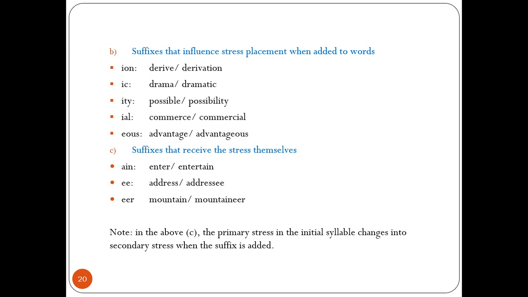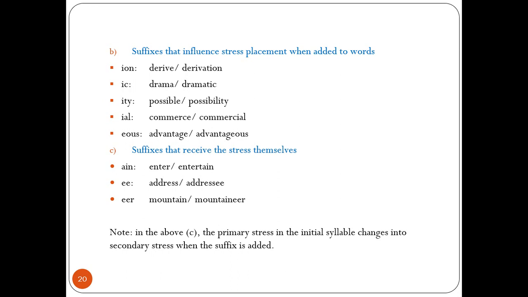The third category is suffixes that receive the stress themselves. What does it mean? It means that we have enter. This is a stem, a word without any prefix or suffix, and when we added the suffix ain, what happens? This suffix itself is stressed.